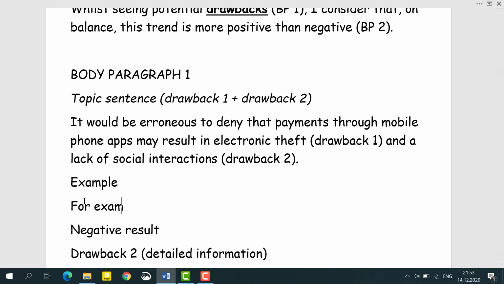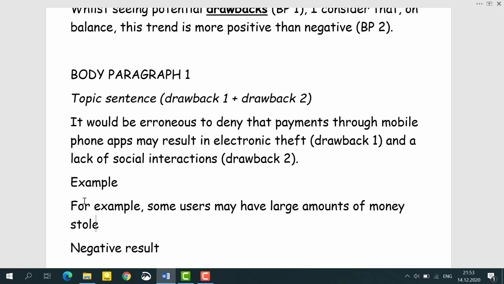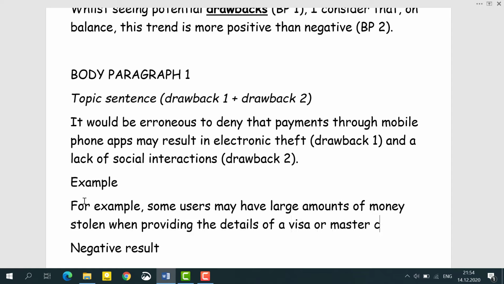For example, some users may have large amounts of money stolen when providing the details of a Visa or MasterCard.